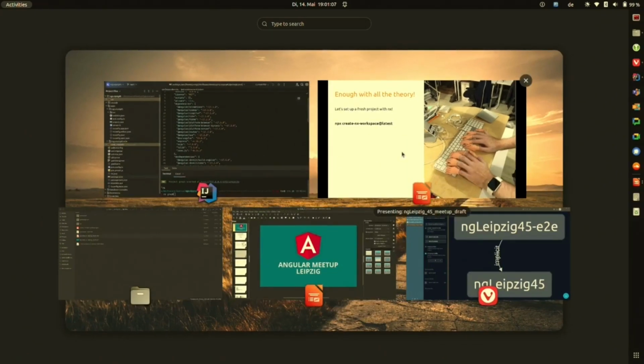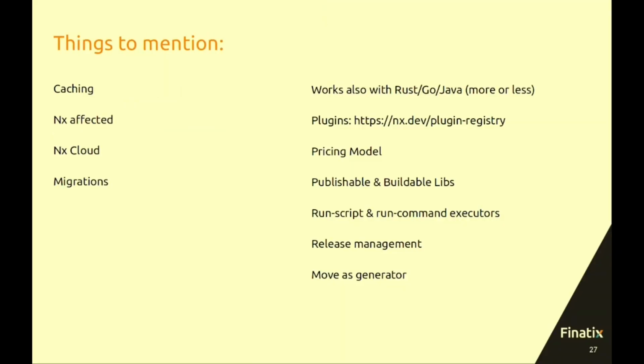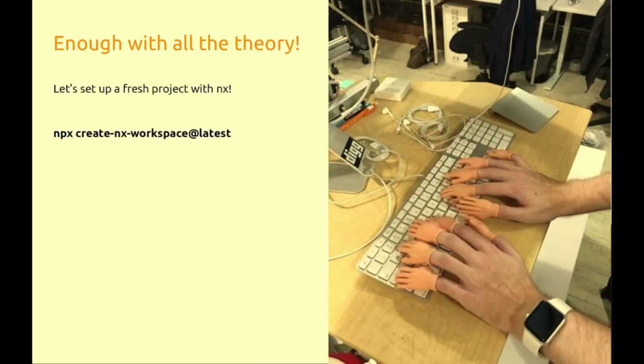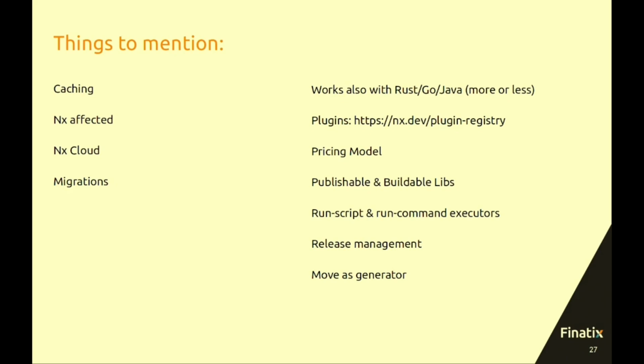Then we maybe head back to our presentation now, and also things I don't want to forget. I hope I mentioned most of them. Nx will provide you with migrations between versions of Nx, and also if you're switching from Angular to another framework to Nx or back.